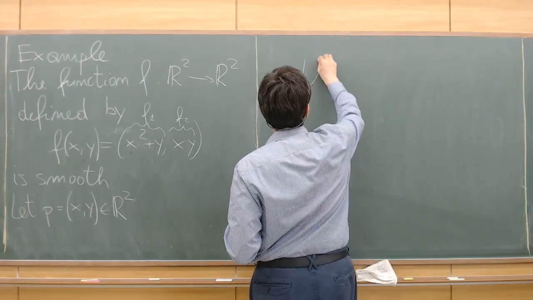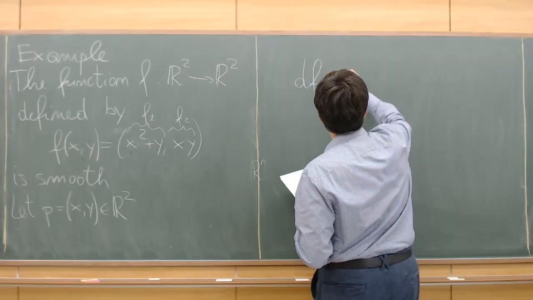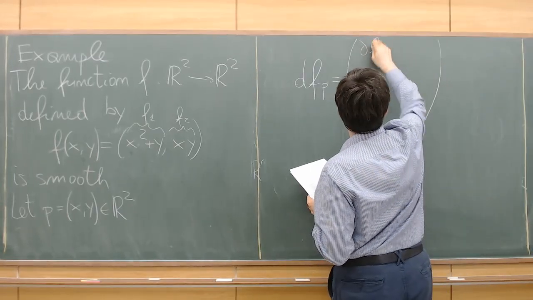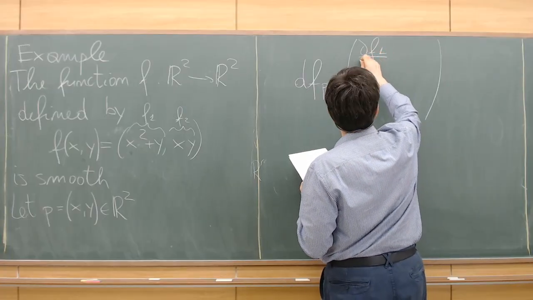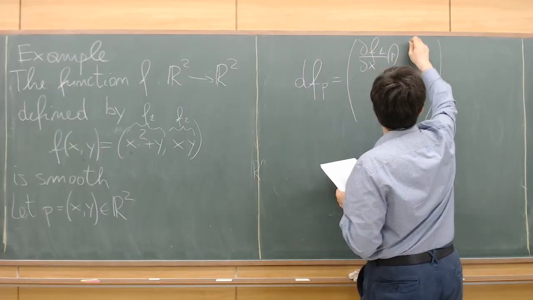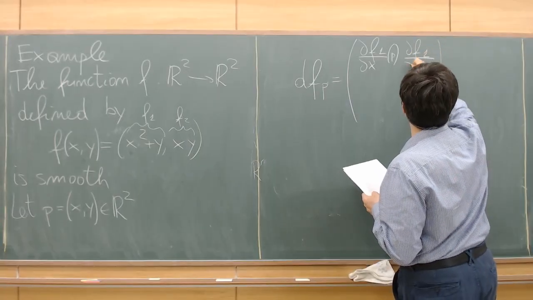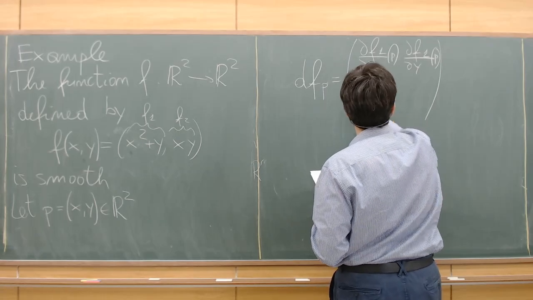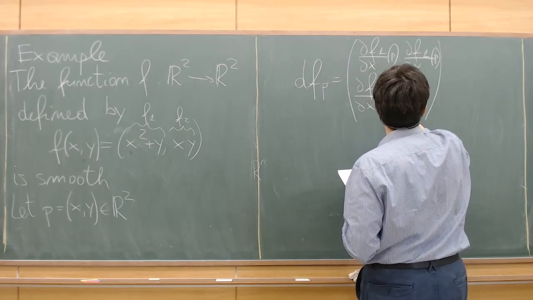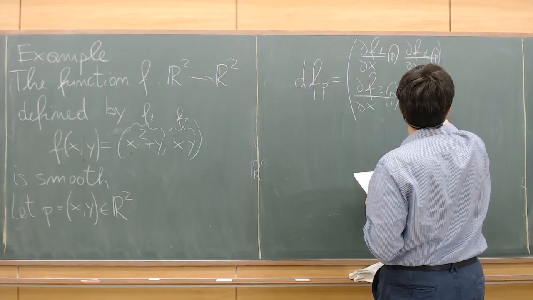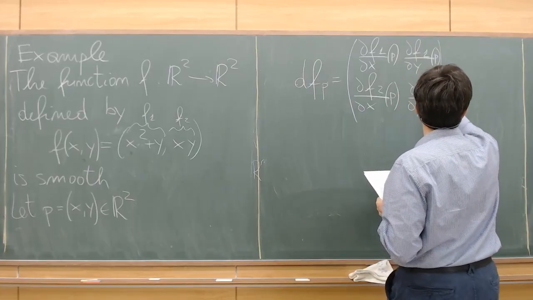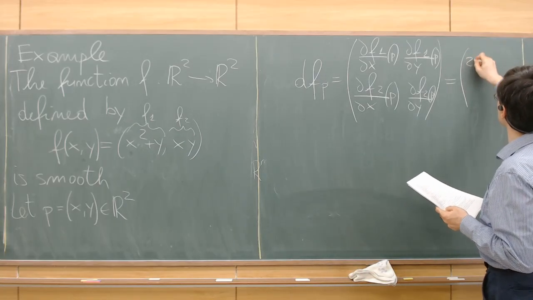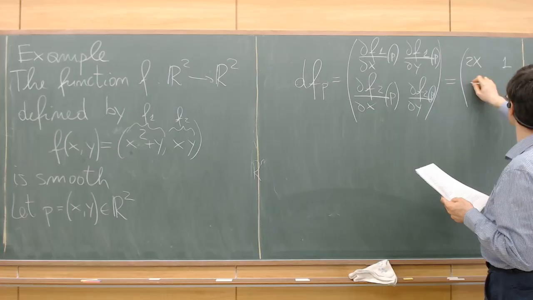So we have by definition that dfp is a matrix given by df1/dx at P, df1/dy at P, df2/dx at P, df2/dy at P. A simple computation shows that this matrix is 2x, 1, y, x.